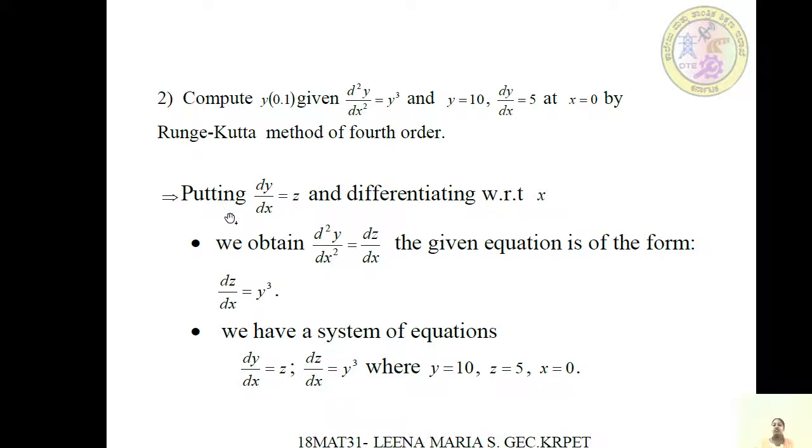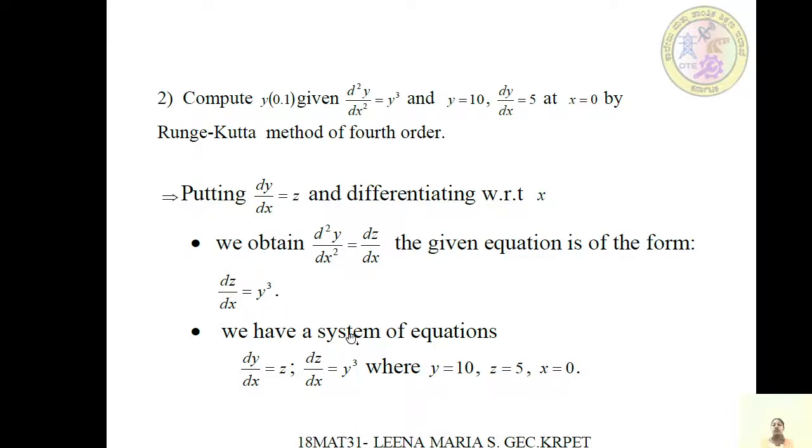First we do the substitution dy by dx equals z. Differentiating with respect to x, d square y by dx square equals dz by dx, so the given equation becomes dz by dx equals y cube.